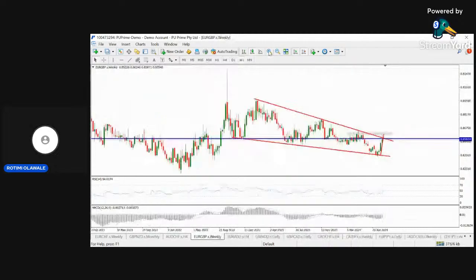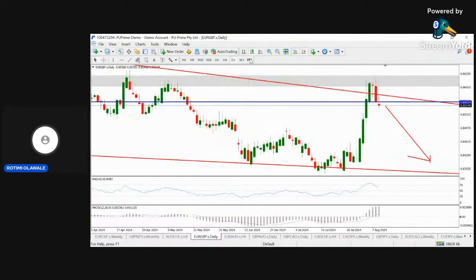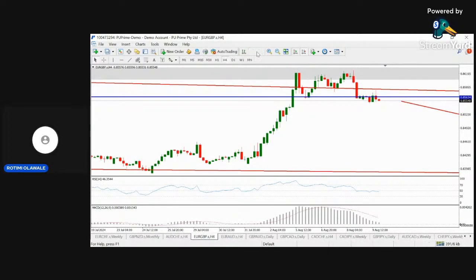Again, from the bigger time frame, from the monthly time frame, we can clearly see that price is in a downtrend, and we can see a resistance up there and a rejection candle. So technically, we're expecting a decline in price right there on the Euro GBP. This is still the weekly time frame, and we can still flip down to the daily and even the 4 hour time frame.